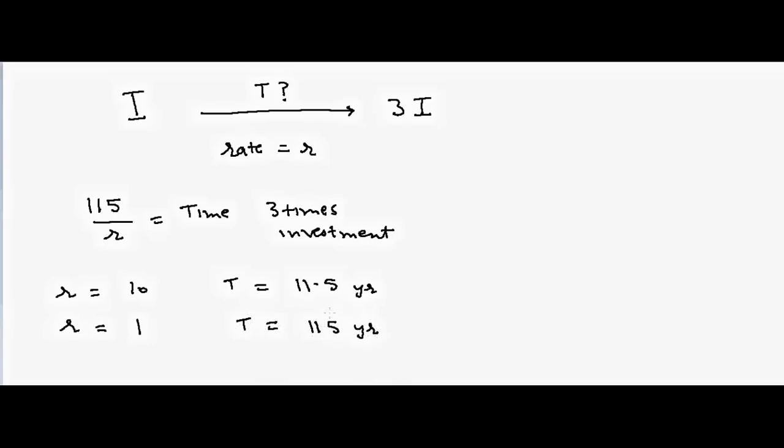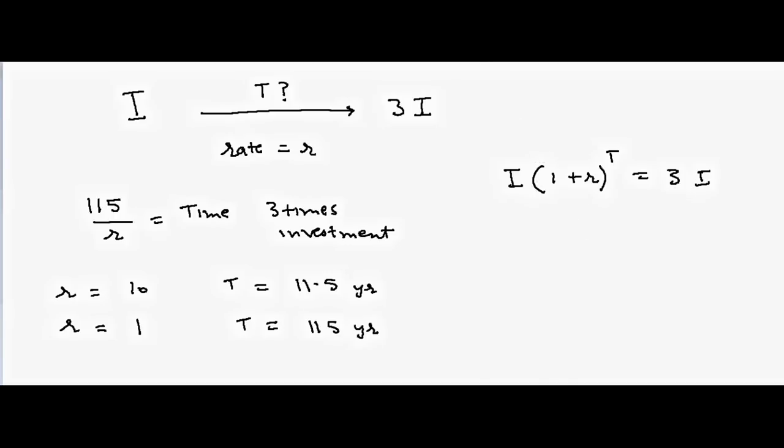So why does this happen? Let's try to solve this problem with the general approach. The approach is to have your investment, and we multiply this investment with 1 plus the interest rate, and each year it is compounded, so we have it raised to power t, and that should be equal to 3I, because we are looking for the investment to grow 3 times.